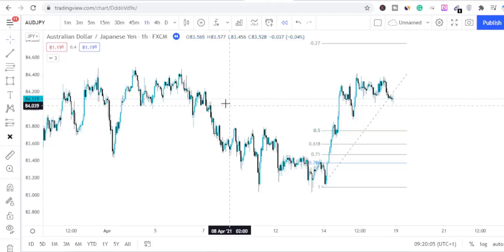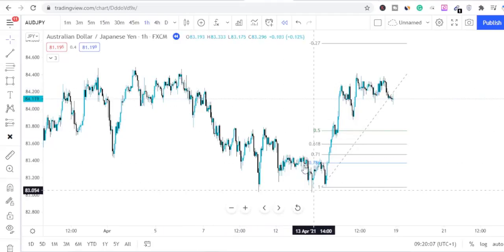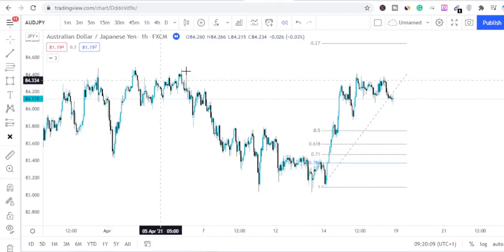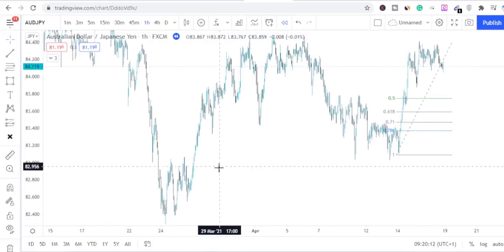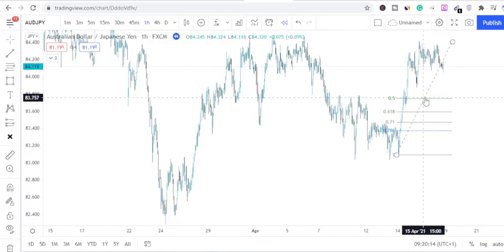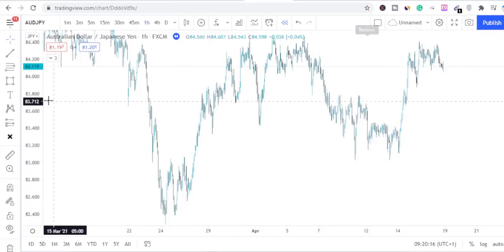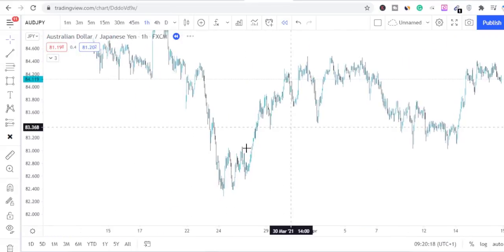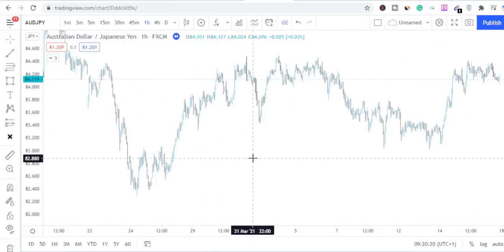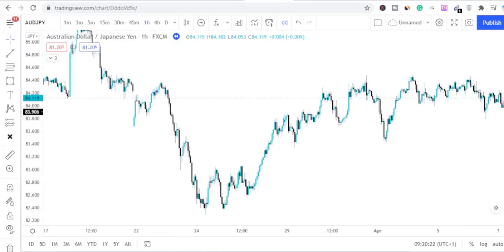Okay, so now we've seen that price is bullish from this point. Pardon, let's start here. Now we've seen that we are bullish, and how do we know that? I'm not going to teach you that here, okay?